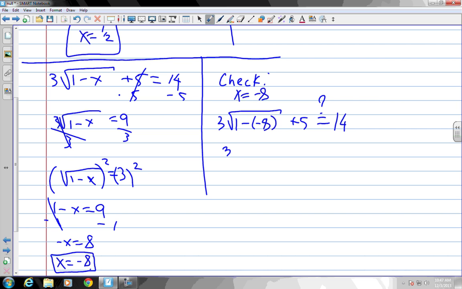So this is 3 times the square root of 1 plus 8, plus 5, which is the same as 3 times the square root of 9, plus 5, which is 3 times 3 plus 5, which is 14. So that checks out. So that one works.